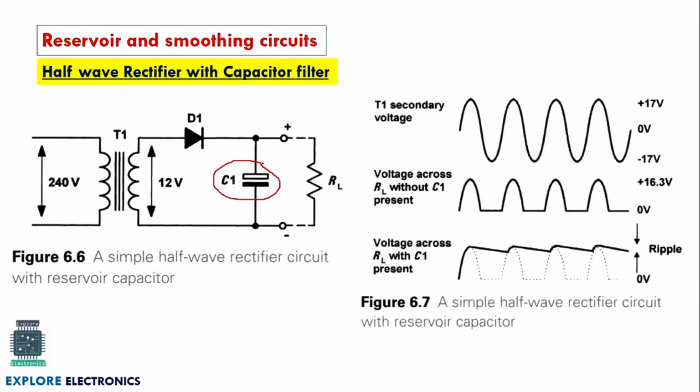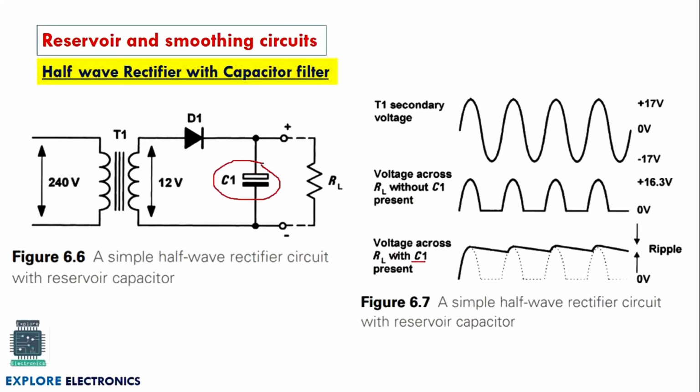You can observe here the T1 secondary voltage is this, peak to peak it is plus 17 and minus 17, and this is the voltage across RL without C1. Without C1, in the sense without connecting this capacitor, this will be the output. And by connecting C1, what happens?